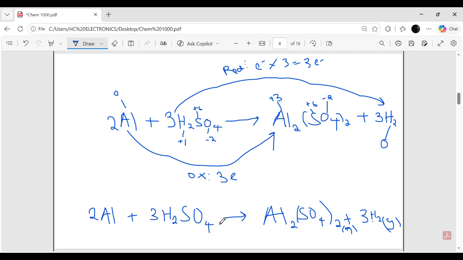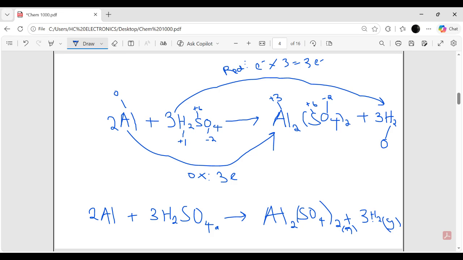Are the oxidation states of the product supposed to be equal to the reactants? The oxidation states are helping us to identify which one is undergoing oxidation and which one is undergoing reduction.